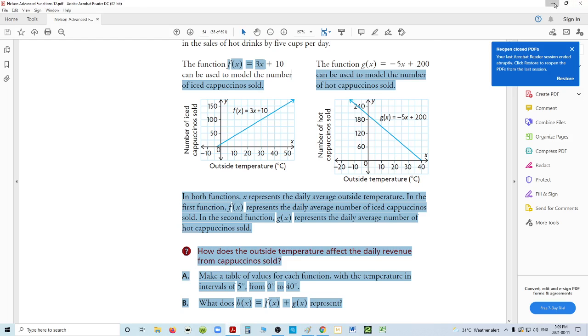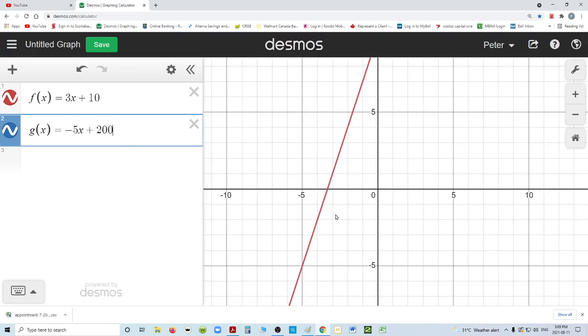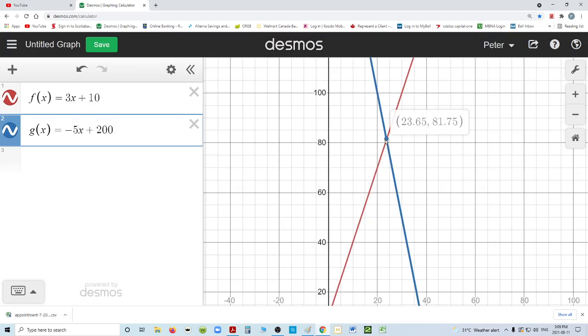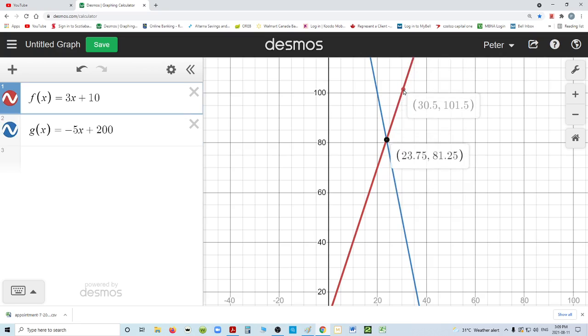Yeah. Okay, and if you look at them individually, there's the blue one, and this is a really good indication of on that day when they meet, they will be both selling equal drinks. So on that day, you should sell either hot or cold. But when you're on this side of it, you can see you're selling less and less hot drinks and more cold drinks. So this side, you're going to make much more money selling your cold drinks.